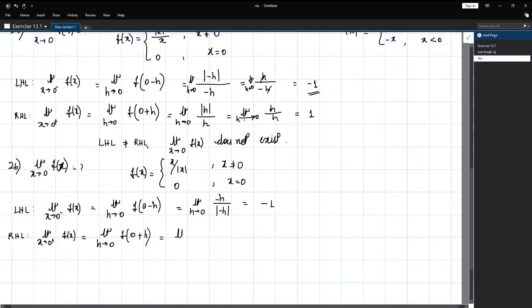This is nothing but limit h tends to 0 of h divided by mod h, that is nothing but 1. Here also LHL is not equal to RHL. So limit x tends to 0 of f of x does not exist.